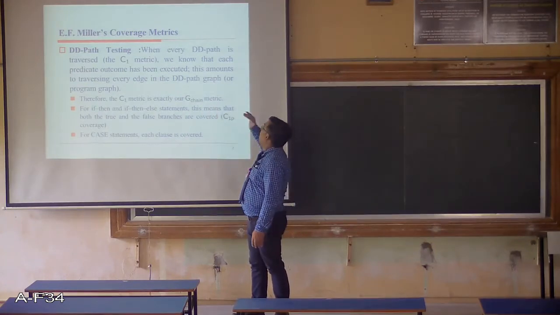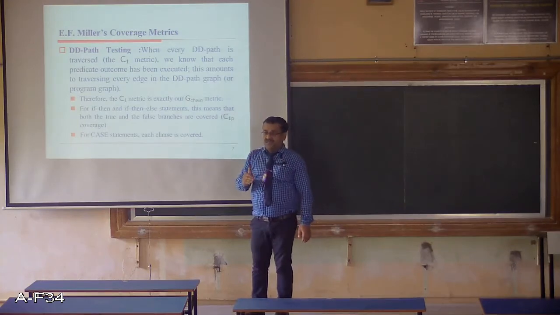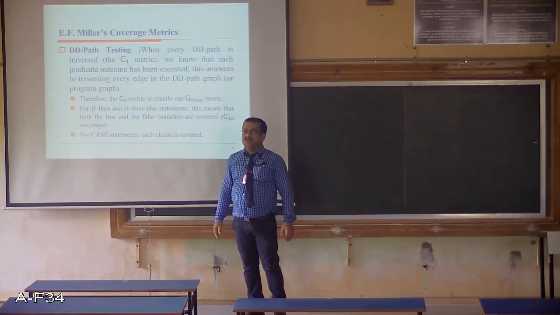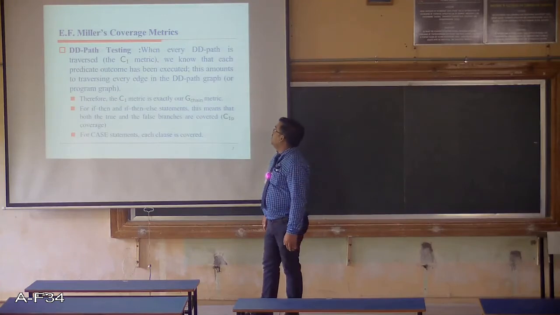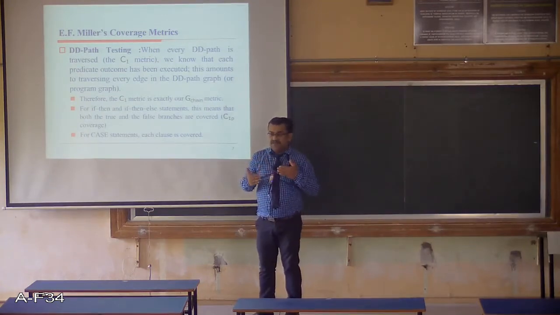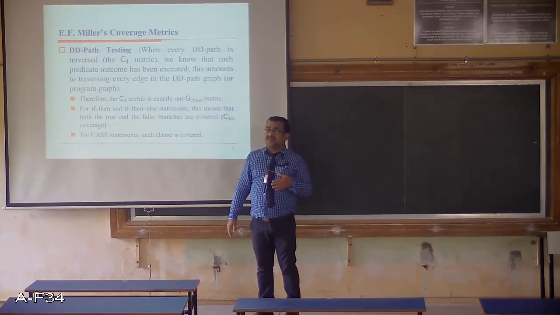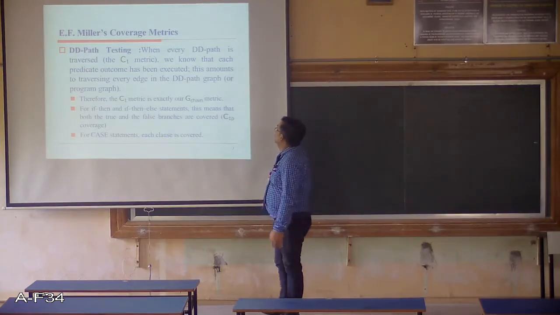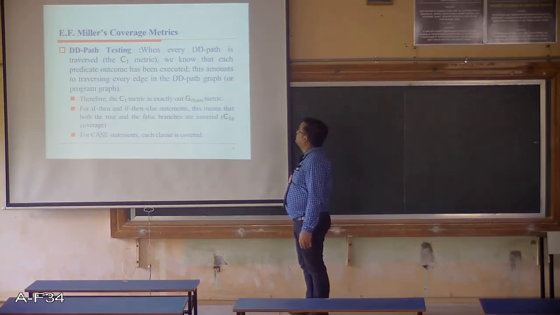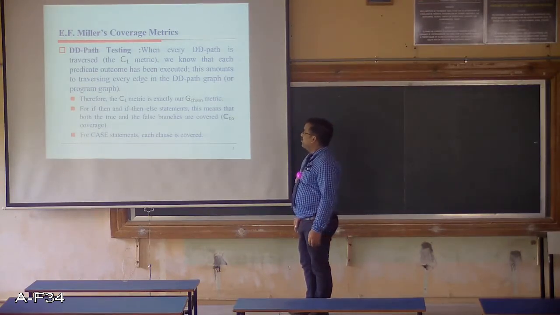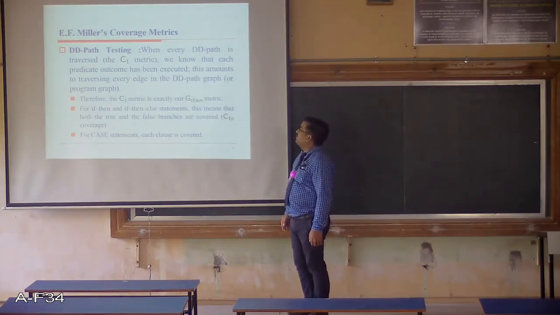From the basic flow graph of the program, you derive the DD path graph, and then you identify whether all the DD paths have been covered by the set of generated test cases. When every predicate outcome has been executed, this amounts to traversing every edge in the DD path graph.